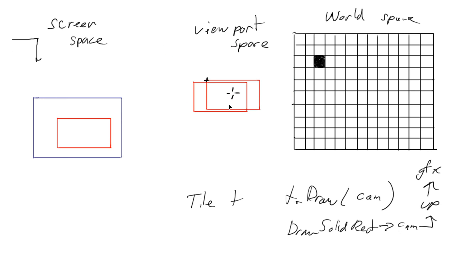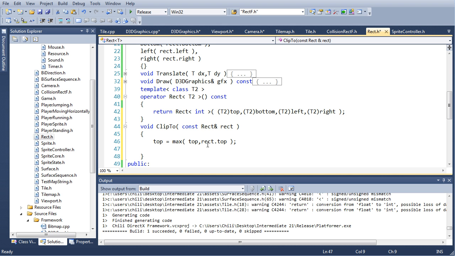So obviously this one is going outside of the top, so you want to take the one at the bottom. Whereas if it was going down here, it would be within the viewport, so we would take this one. So you always want to take the one that's lower, and the one that is lower is the one that has the highest value. So you take the maximum of the clipping rectangle and the rectangle to be clipped. Whichever one is bigger, that's the one you choose. That's how you clip.